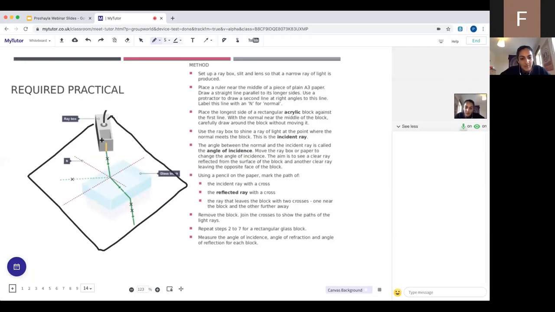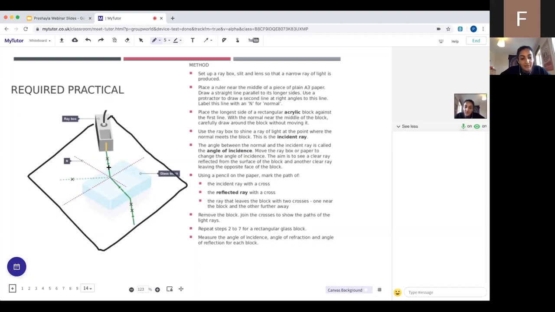So we'll turn on our ray box and we're going to shine a beam of light into the block. Now some of it will be refracted, which you can see is this line here. That's the refracted ray. Some of it will be reflected. That's the reflected ray. So we can have reflection and refraction.